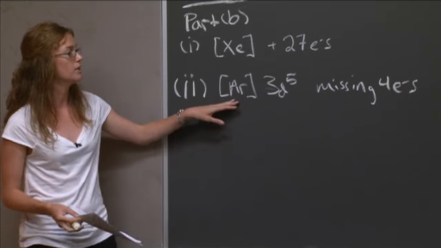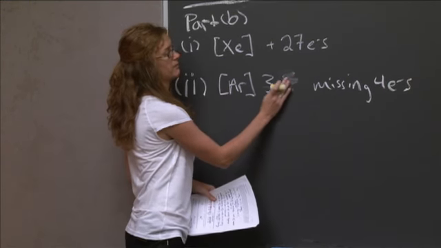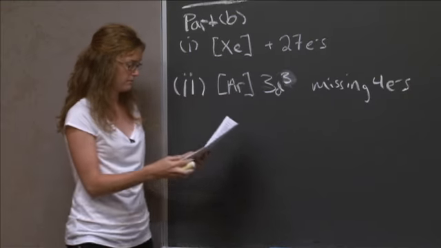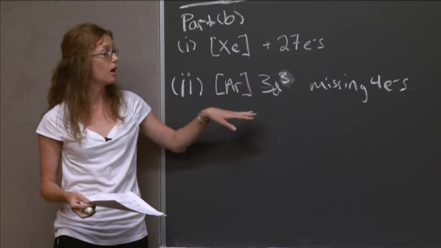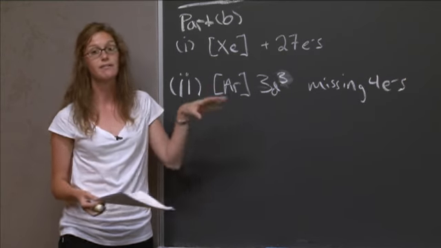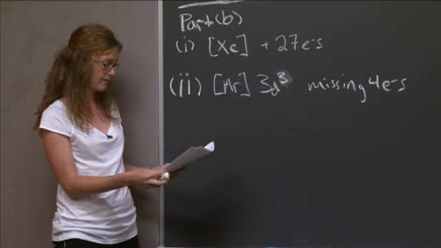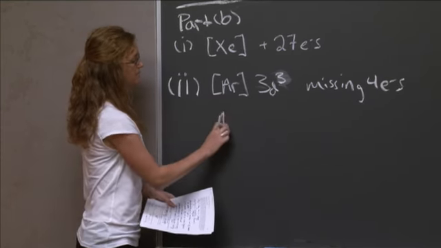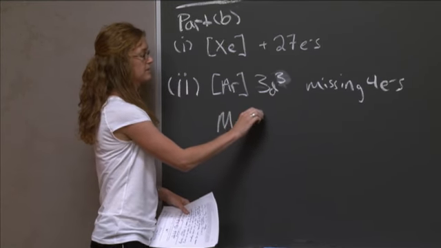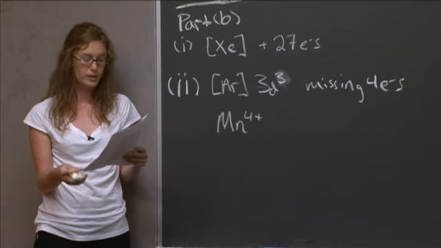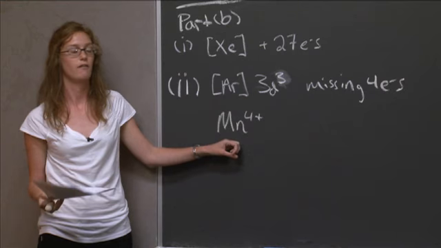So we want argon plus 7 electrons instead of the 3 electrons. Going through the periodic table, you'll see that that leaves you with manganese. Adding the 4 plus, because that is part of this chemical identity, we get the answer of the problem.